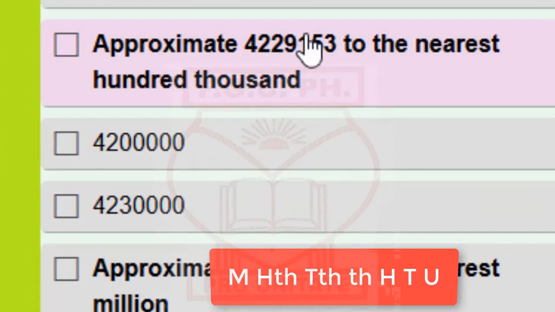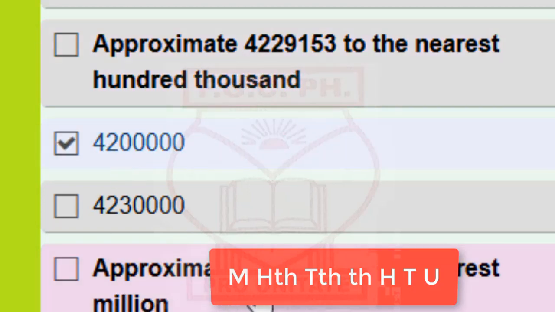Approximate 4,229,153 to the nearest 100,000. I think that the 100,000 digit here is 2, this first 2. So we are going to round down this other 2, which is the 10,000 digit, and so we get 0,0,0,0,0, and this remains 42 still.